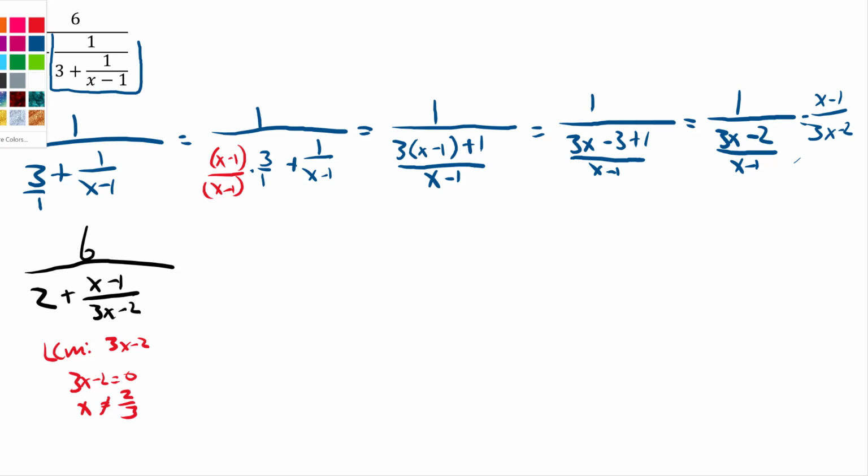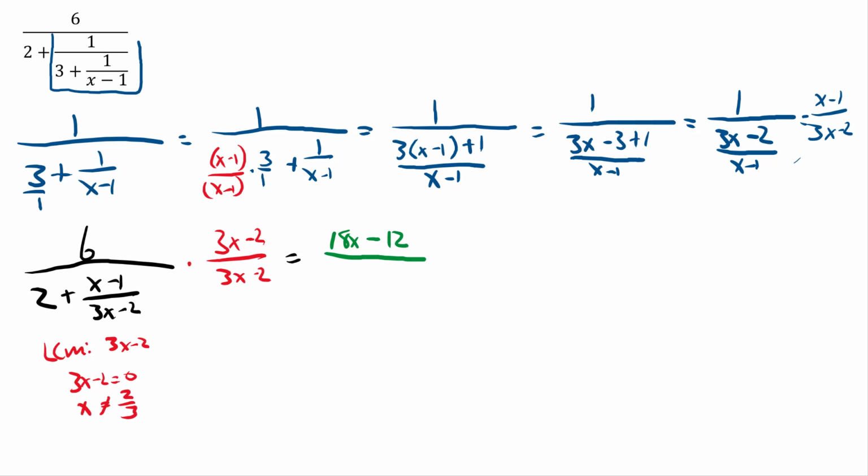So let's move on with what we need to do next. First off, we'll multiply by a common multiplier. We're going to take 3x minus 2 over 3x minus 2 and multiply that. We're going to take 6 times 3, which gives us 18x, and then minus 6 times 2, which gives us 12.